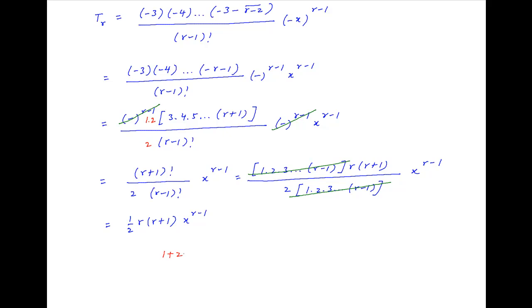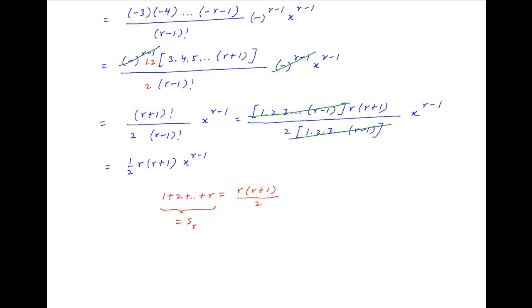Now recall that the sum of the first r natural numbers is equal to r times (r + 1) upon 2, and if we denote the left hand side by Sr, then Sr is equal to r times (r + 1) upon 2.